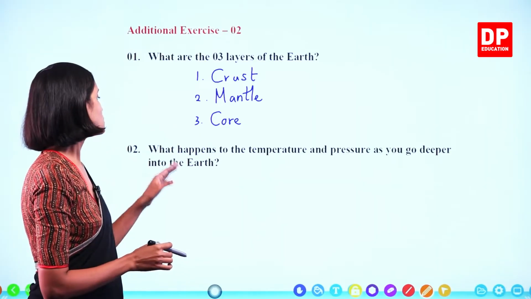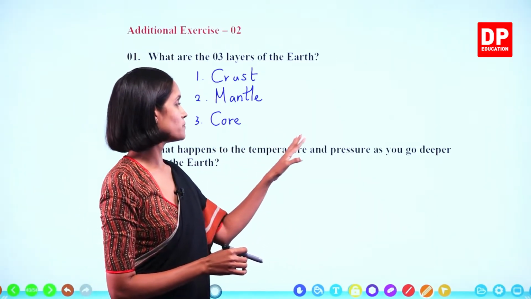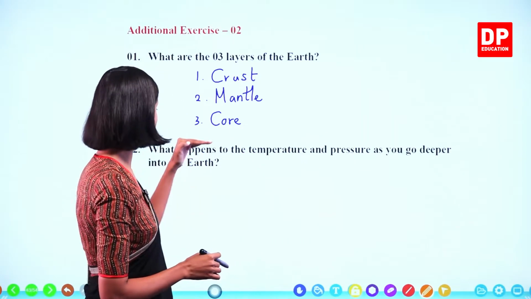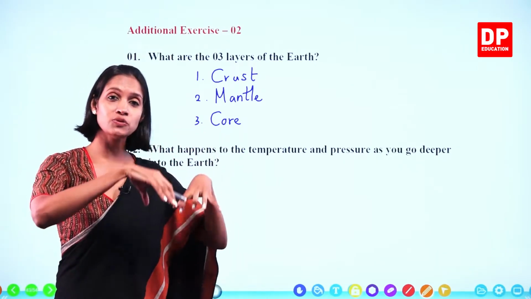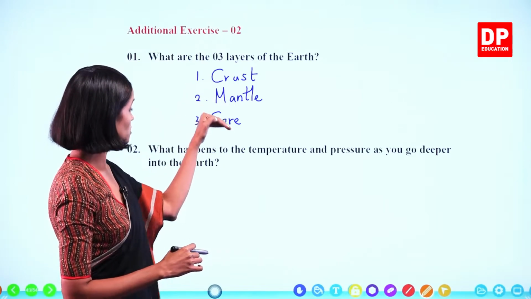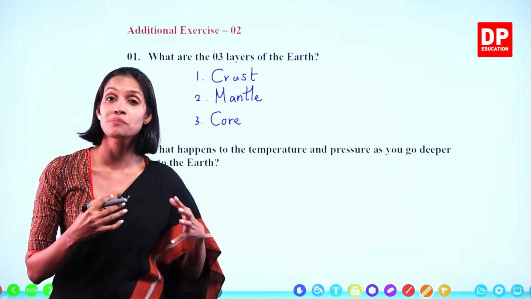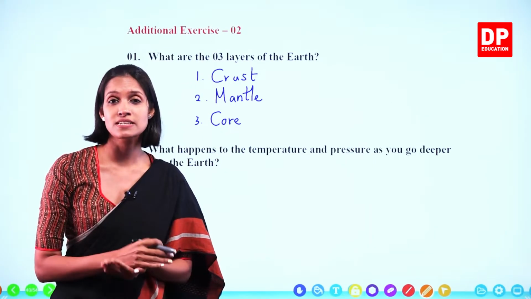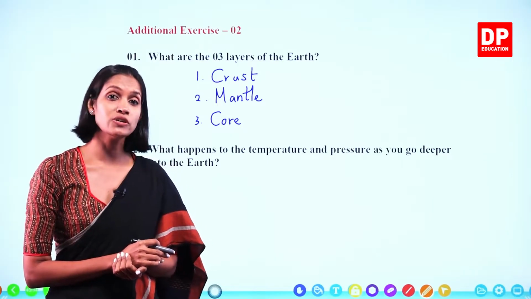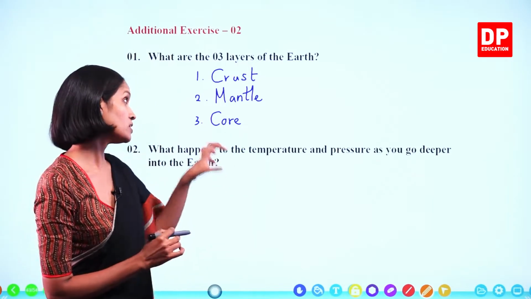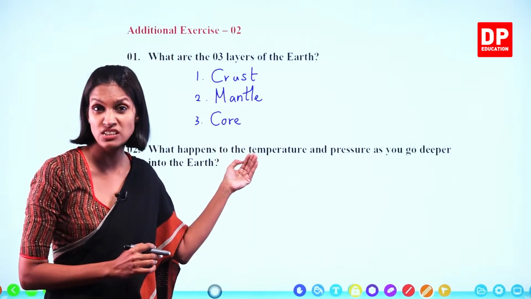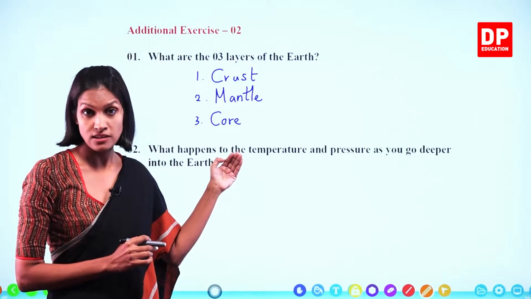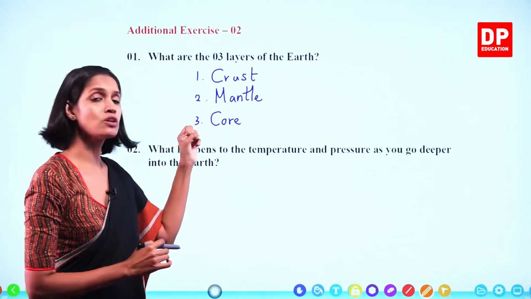Right? What happens to the temperature and pressure as you go deeper into the earth? What happens, children? From outside to inside, from the crust to the core, when you go, what happens to the temperature? Increases, right? So when you consider the temperature of the inner core, the temperature is more than 5000 degrees Celsius. Right, children? So what happens to the pressure?